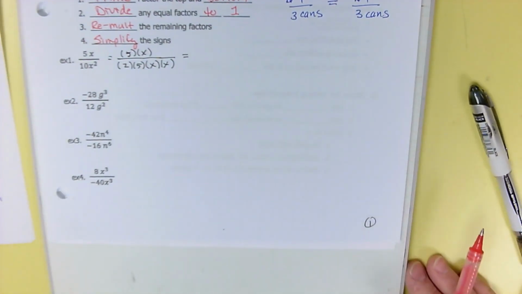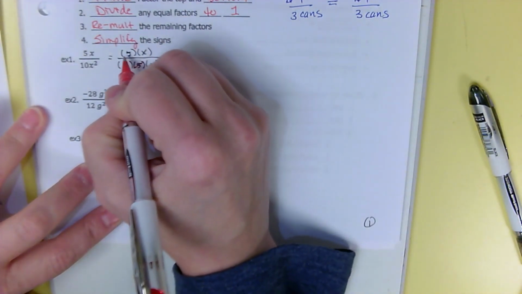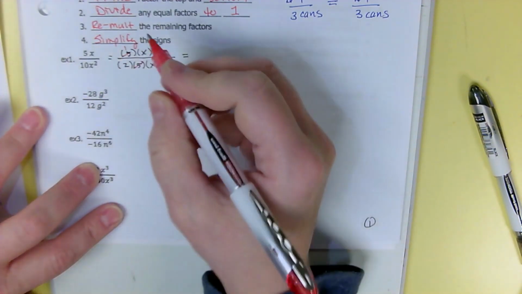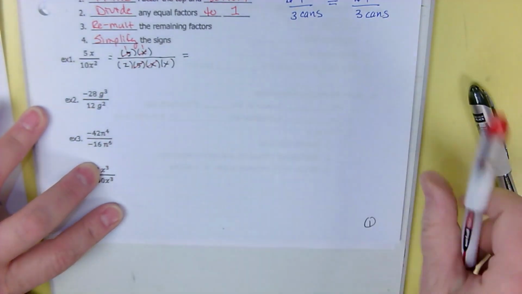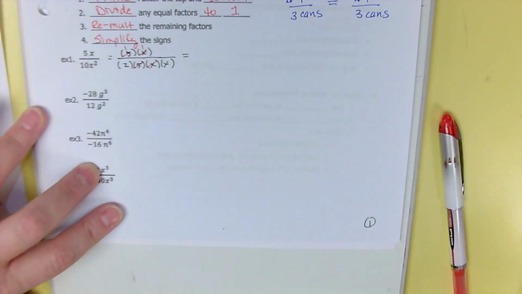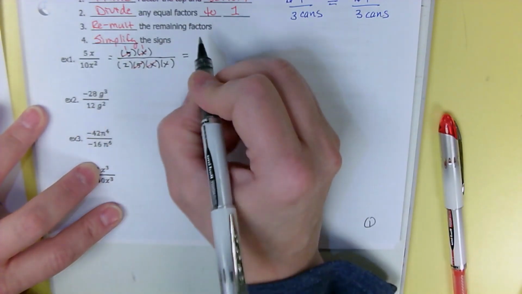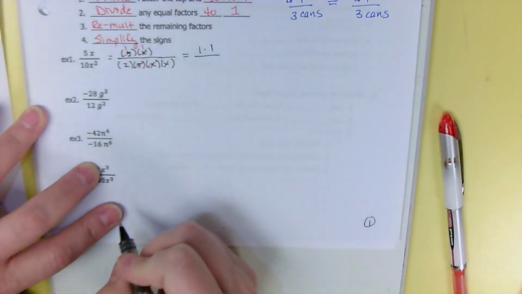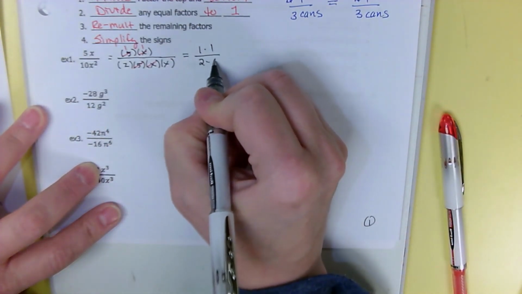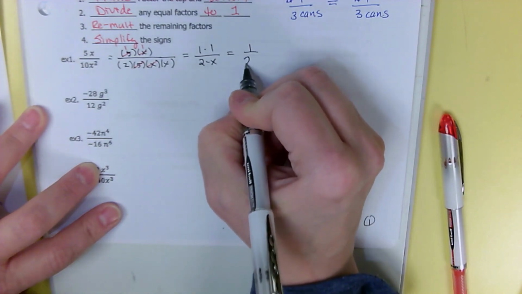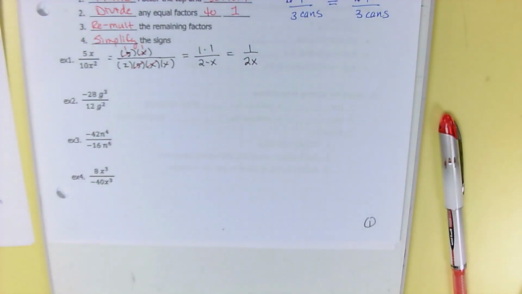Okay, that's step 1. Step 2, divide any equal factors to 1. So 5 goes into 5 one time, x goes into x one time. And that's all that we can divide. Step 3, remultiply the remaining factors. So on the top, I have 1 times 1. On the bottom, I have 2 times x. So I get 1 over 2x.